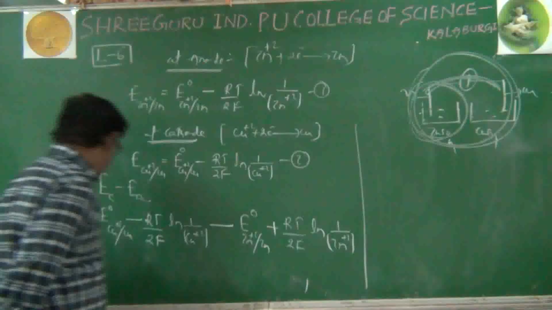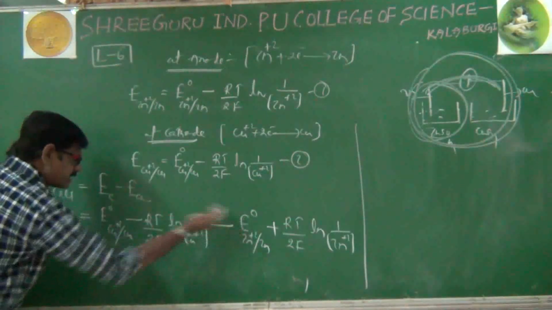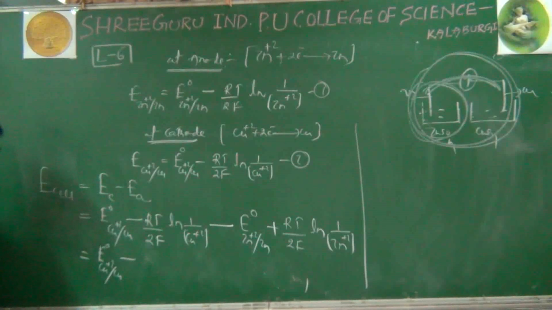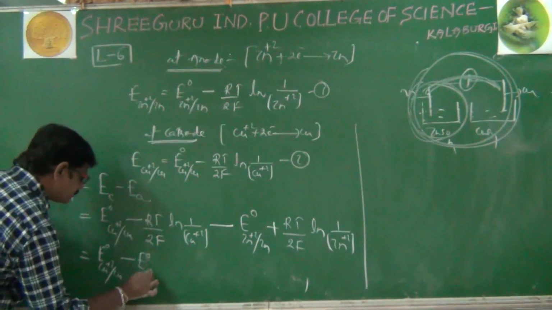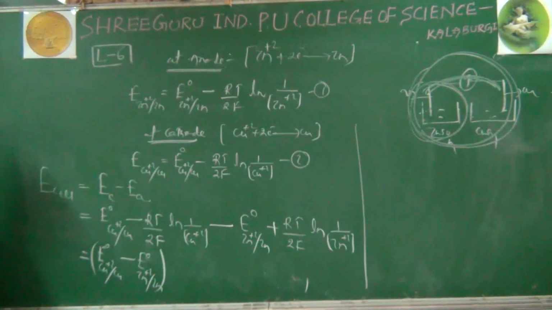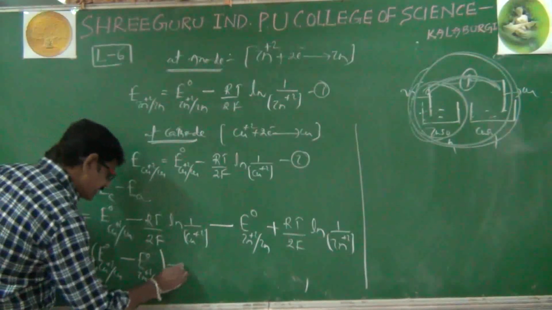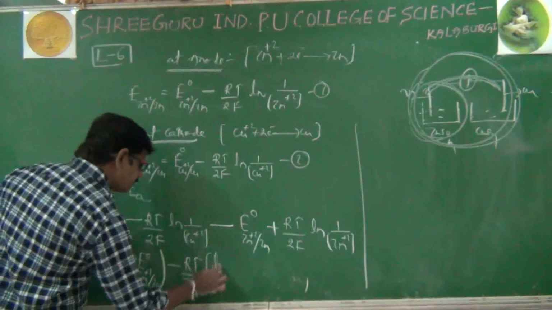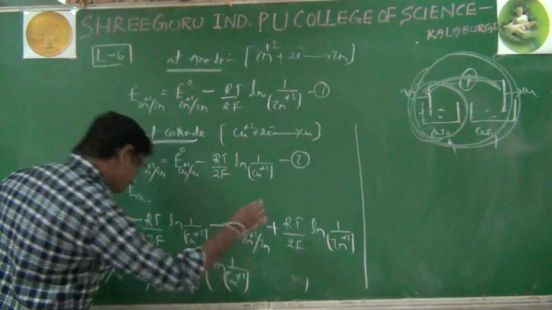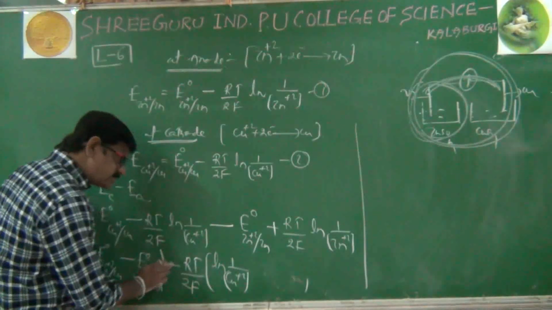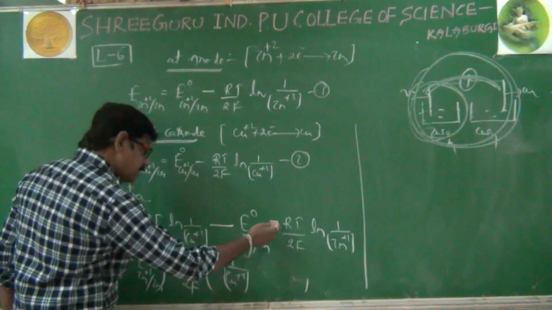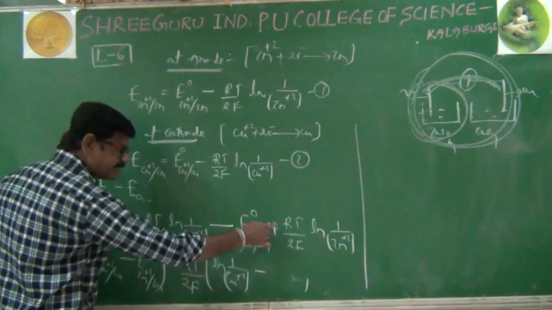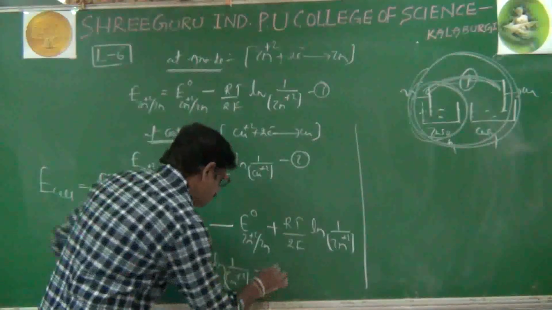Therefore, in the next step, both E⁰ values we write at one place: E⁰ Cu²⁺/Cu minus E⁰ Zn²⁺/Zn. Next, the remaining part is minus RT by 2F, then ln 1 by Cu²⁺. Here a minus is used, but here a plus sign is there, so I am writing minus, because minus into minus gives plus again.